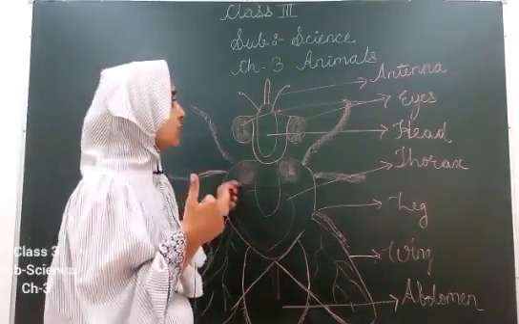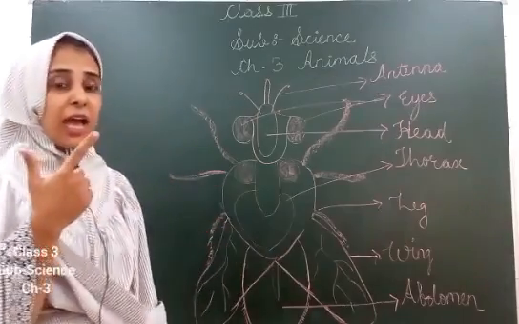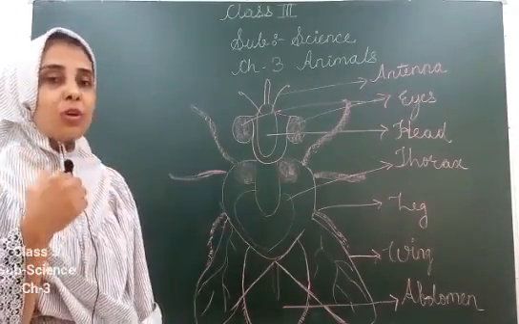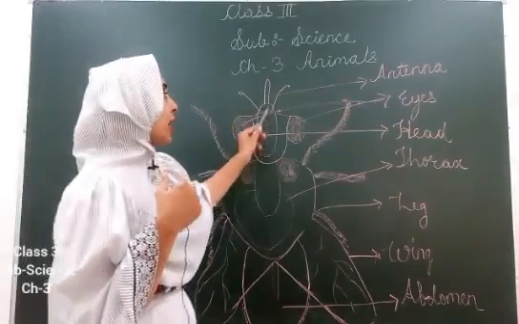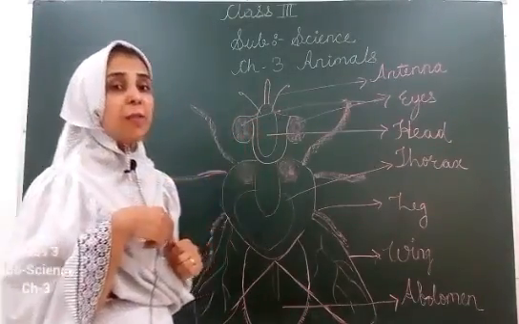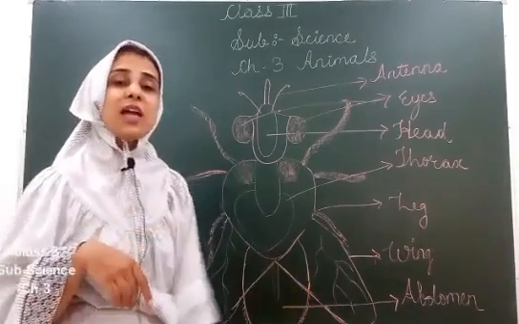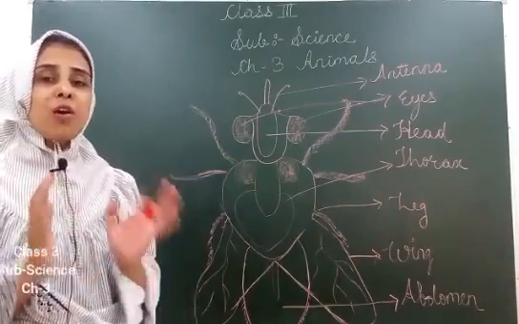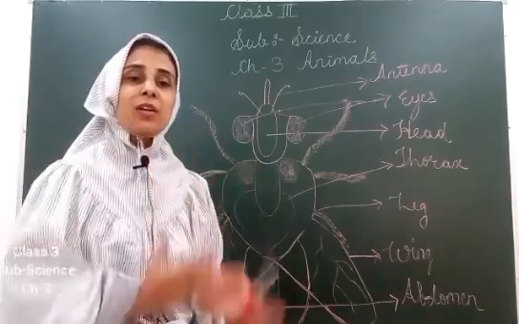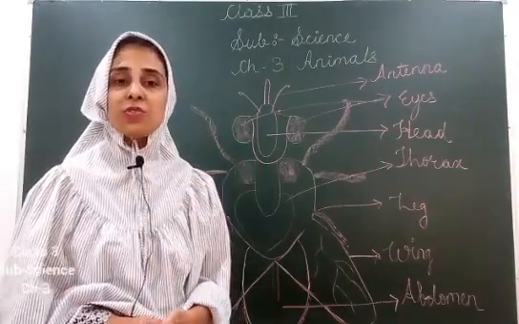What does the head consist of? Antenna, eyes and mouth. And which is the lower part? It is the abdomen. Usually all the general insects have this kind of body feature.